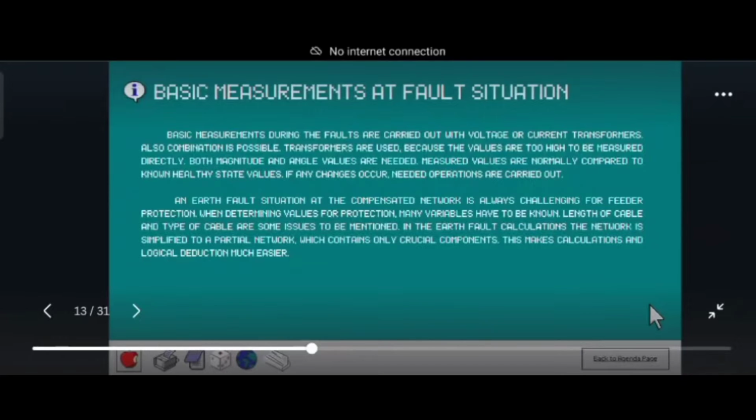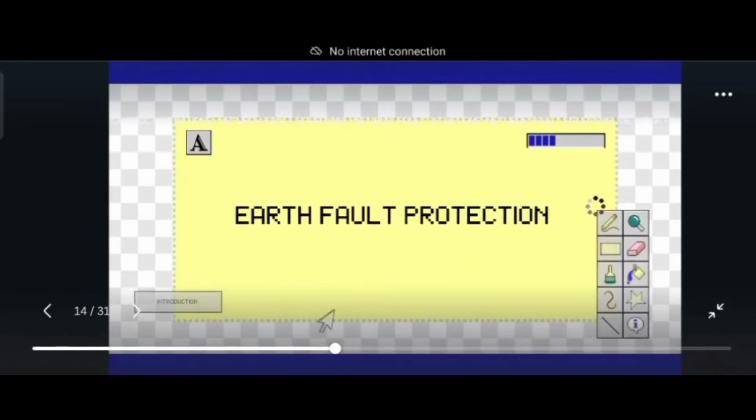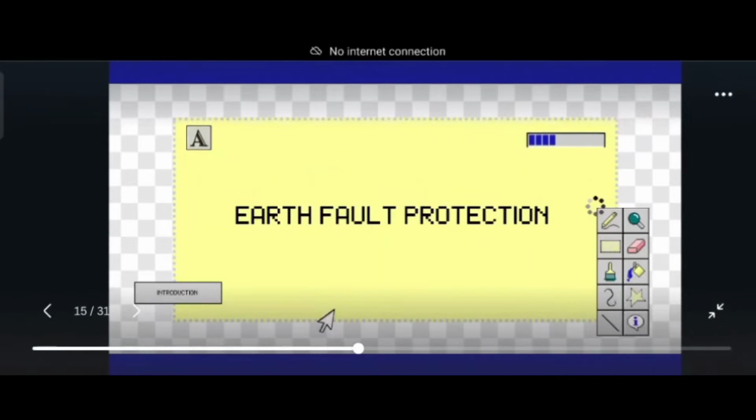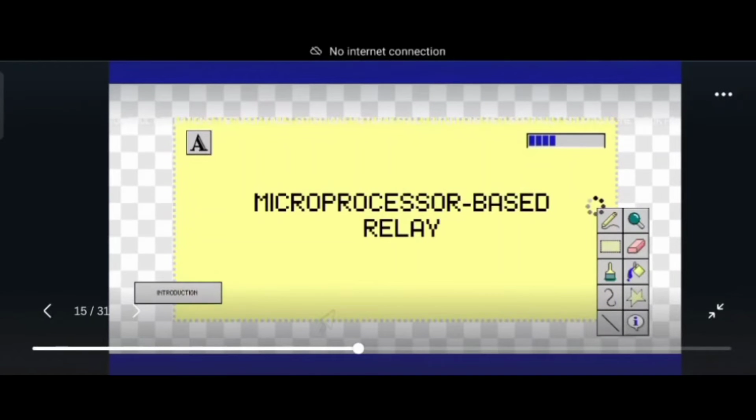In the earth fault calculation, the network is simplified to a partial network, which contains only crucial components. This makes calculation and logical deduction much easier. Earth fault protection is done by microprocessor-based relay.